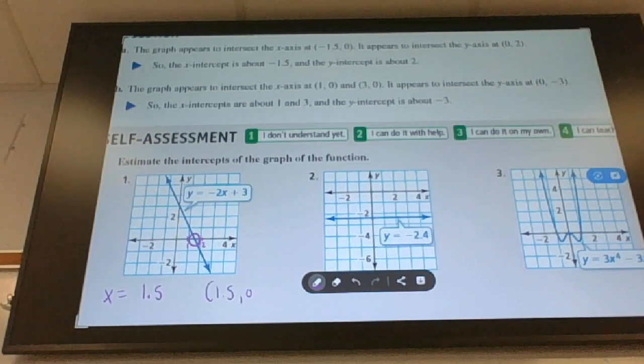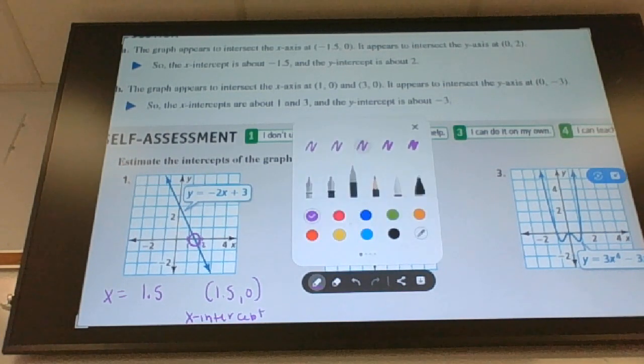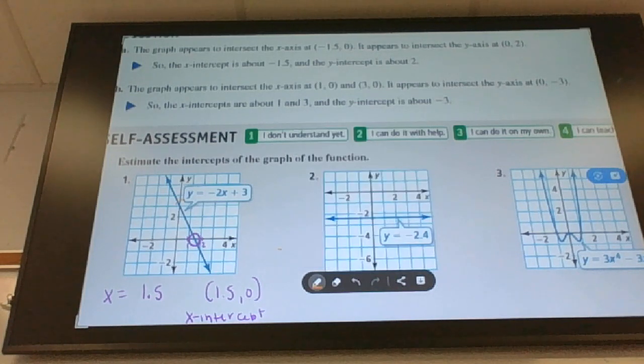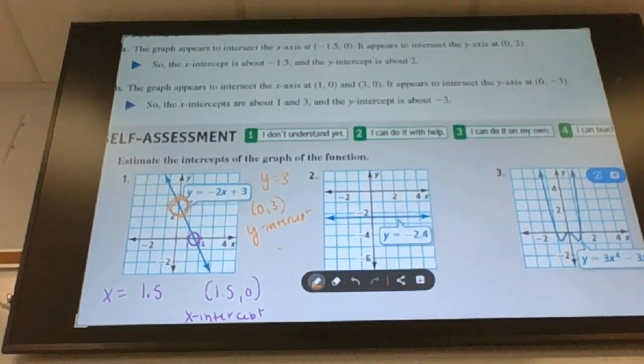So 1.5 comma 0. That's an estimate. Good question. Now y'all go ahead and estimate the y-intercept. There you go. That's what we're doing.